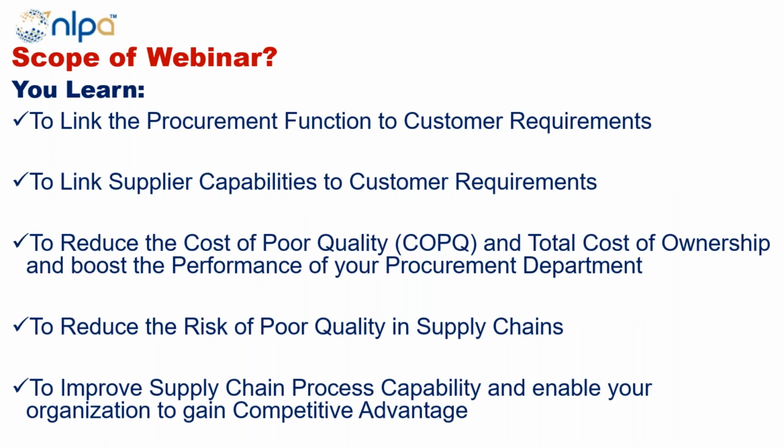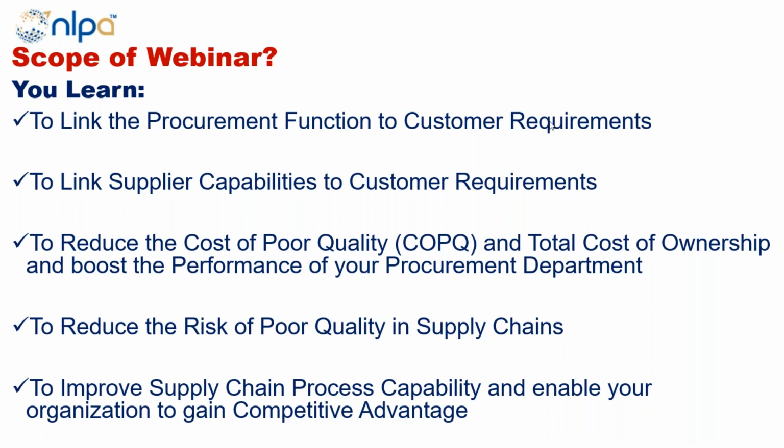So pretty much what we're going to be covering today would be how to link the procurement function to customer requirements, the concept of linking our suppliers and assuring that our suppliers are capable of understanding and meeting our customer requirements.